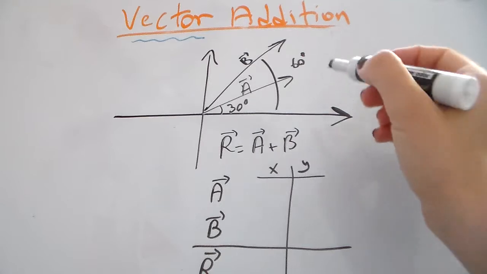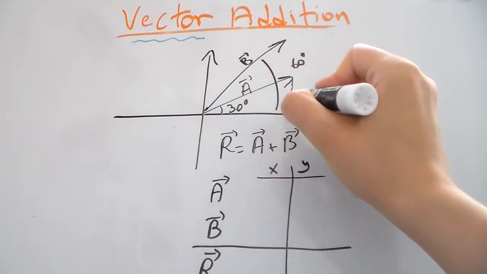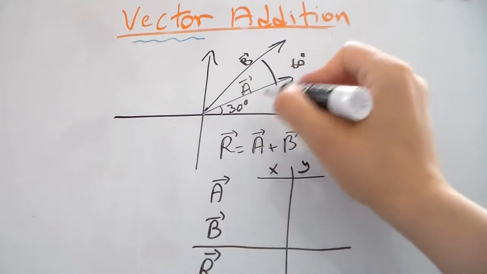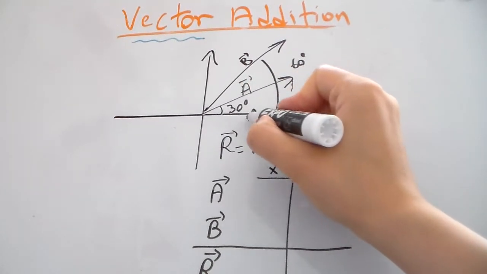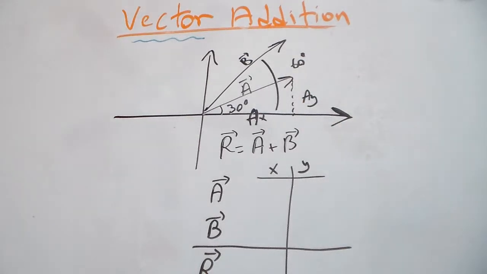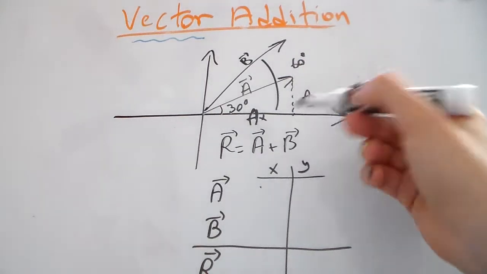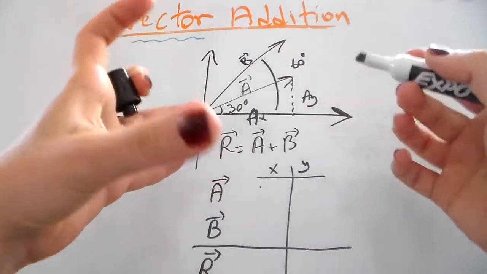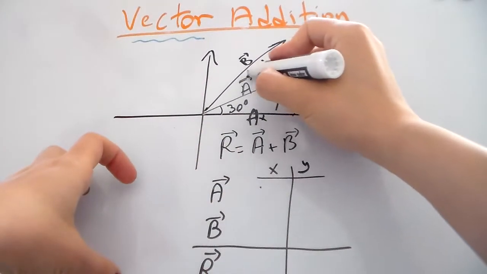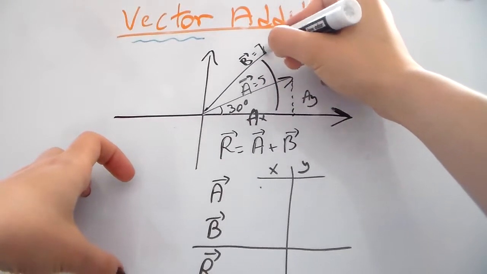All right. So remember we said that if we want to get A's components, we have to make a right-angled triangle. This is going to be AX, and this side is going to be AY. But these are just symbols, so let's get some numbers. Suppose A's magnitude is 5 and suppose B's magnitude is 7.